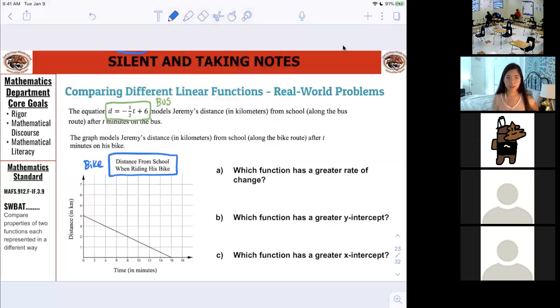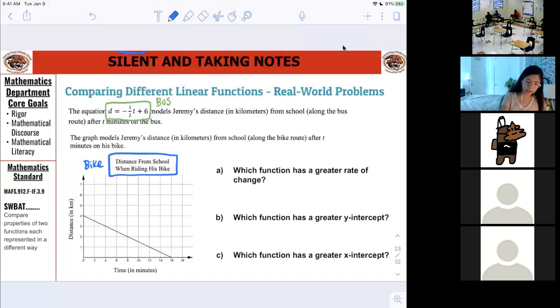In the other situation he's on his bike. And the question is asking us three things. It's asking us which function has the greater rate of change, which function has the greater y-intercept, and which function has the greater x-intercept. So that means I need to know those things for both of the situations, for the bus and for the bike.